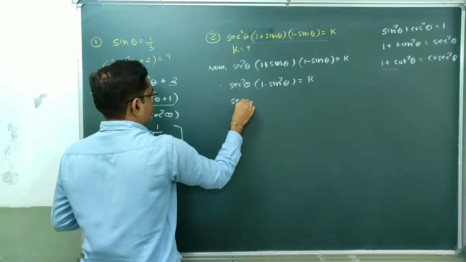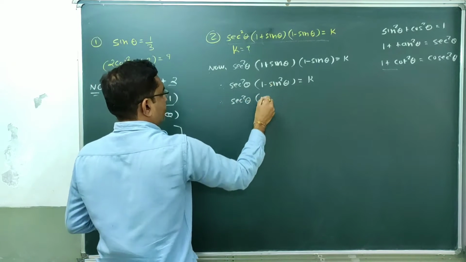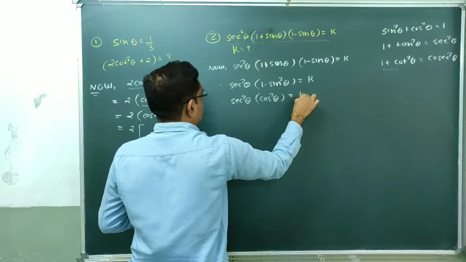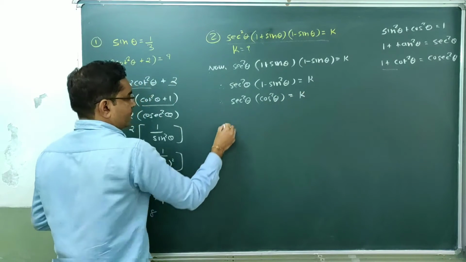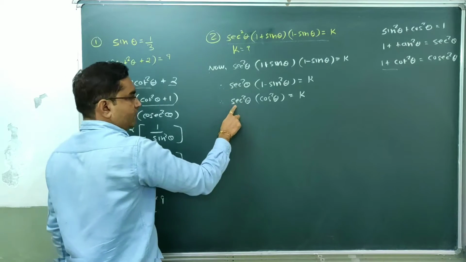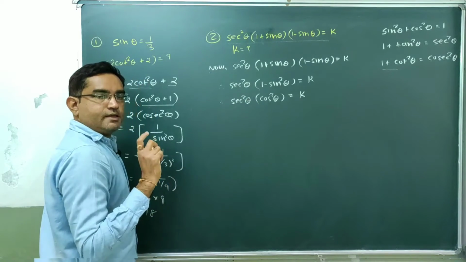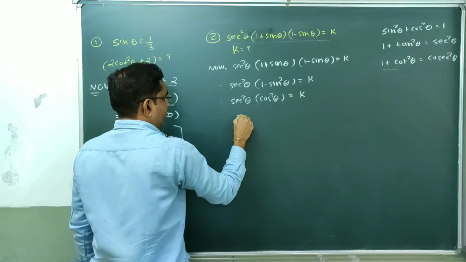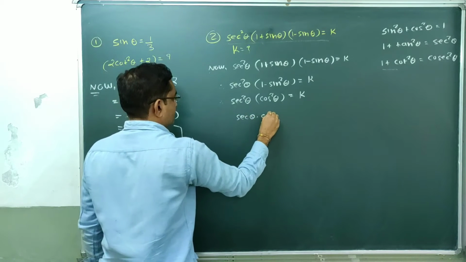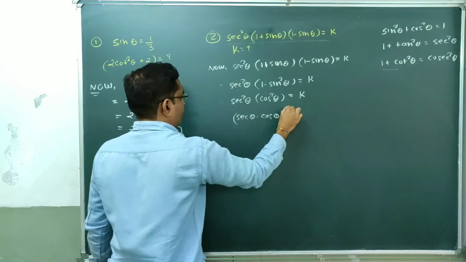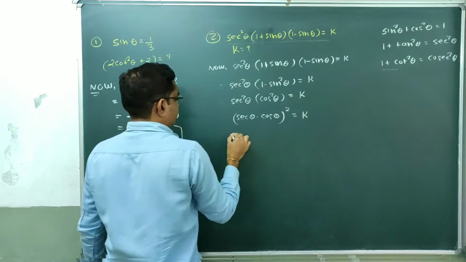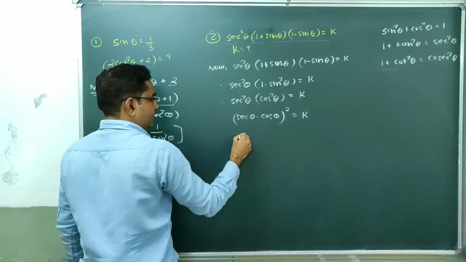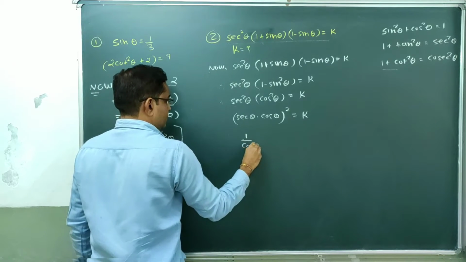Therefore sec square theta into 1 minus sin square theta, which is cos square theta, equal to k. Now sec square theta and cos square theta are reciprocal of each other, so their product will be 1. We can write this as sec theta into cos theta whole square equal to k. As the two terms are reciprocal of each other, sec theta is nothing but 1 upon cos theta.